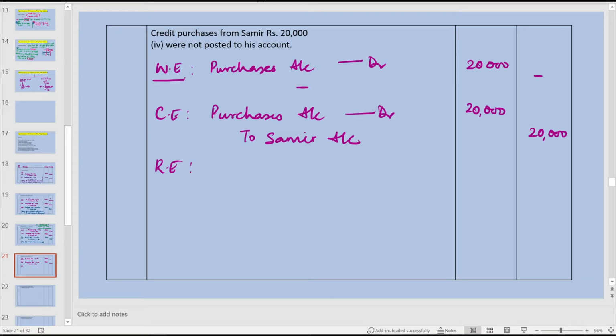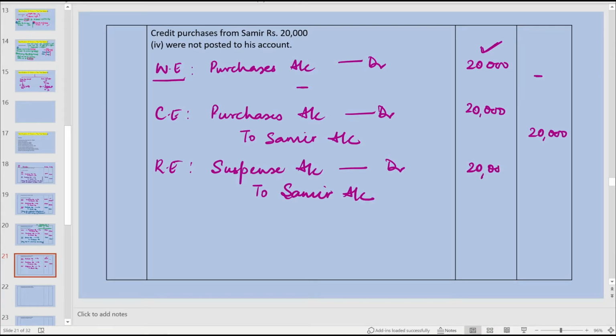The rectification would go by, now you cannot do again purchases account debit because this has already been made. So what happens now? Now the suspense account comes into picture, which we had discussed in the last video. Suspense account debit to Samir account, right?